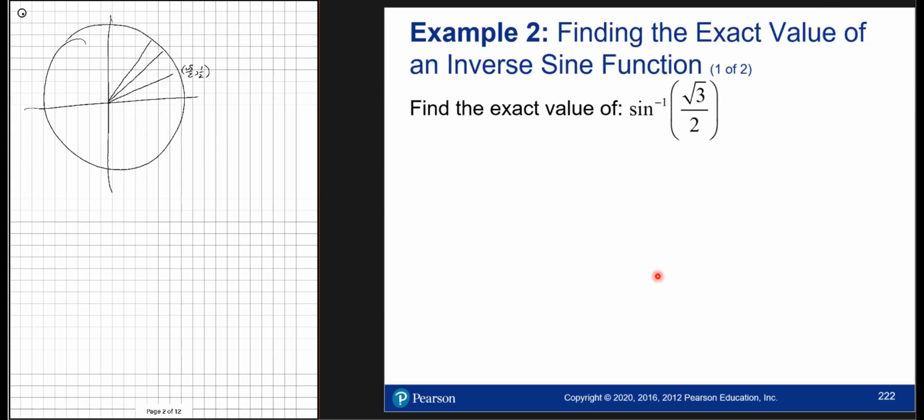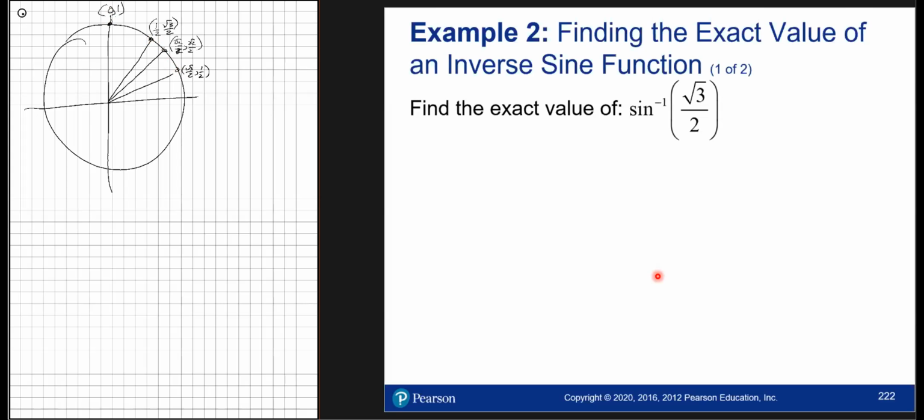And then this point here is the square root of 2 over 2 and the square root of 2 over 2. And then this point here is 1/2, square root of 3 over 2. And then this point up here is 0, 1.